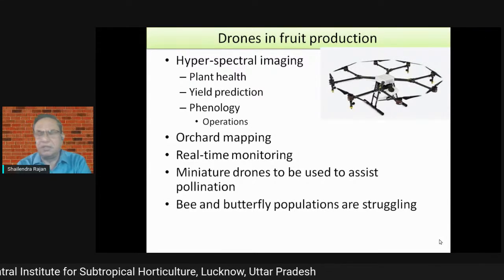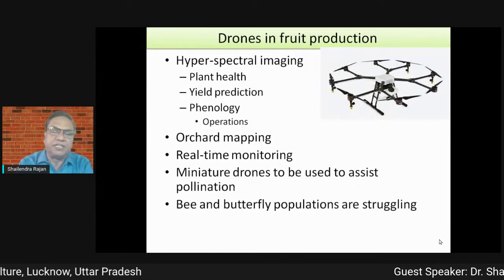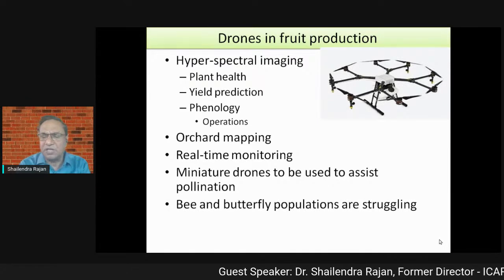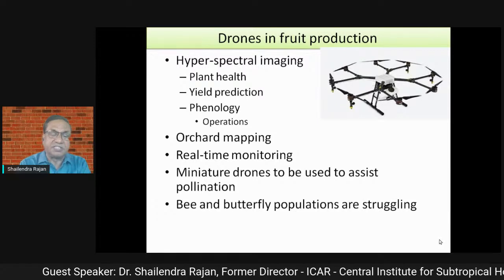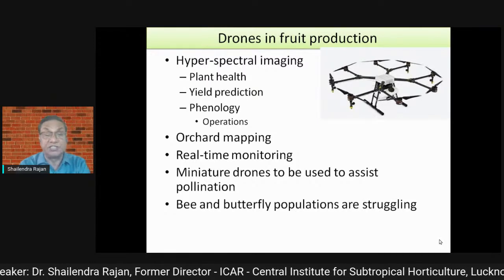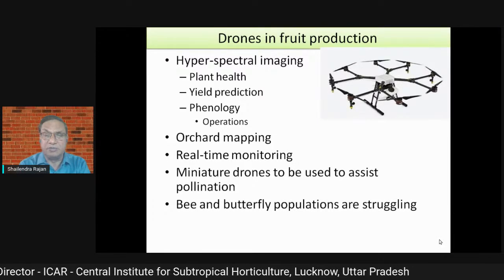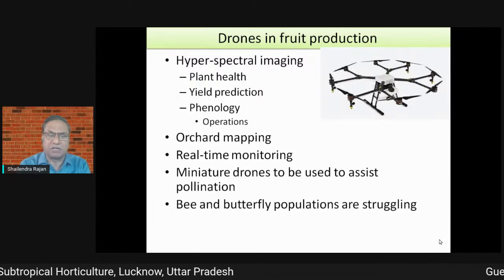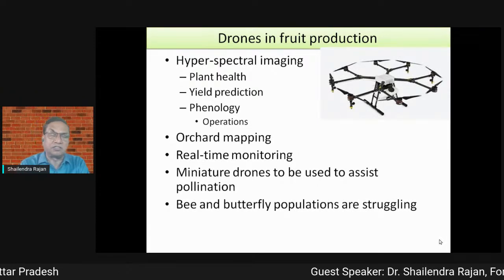Then phenology of the orchard, and of most crops, is important, particularly for all the operations, like the spray of different pesticides, then nutrients, and many operations are based on phenology. So that can be very well monitored using drones, and the drones are very cheap now, and those can be utilized for managing the orchards.